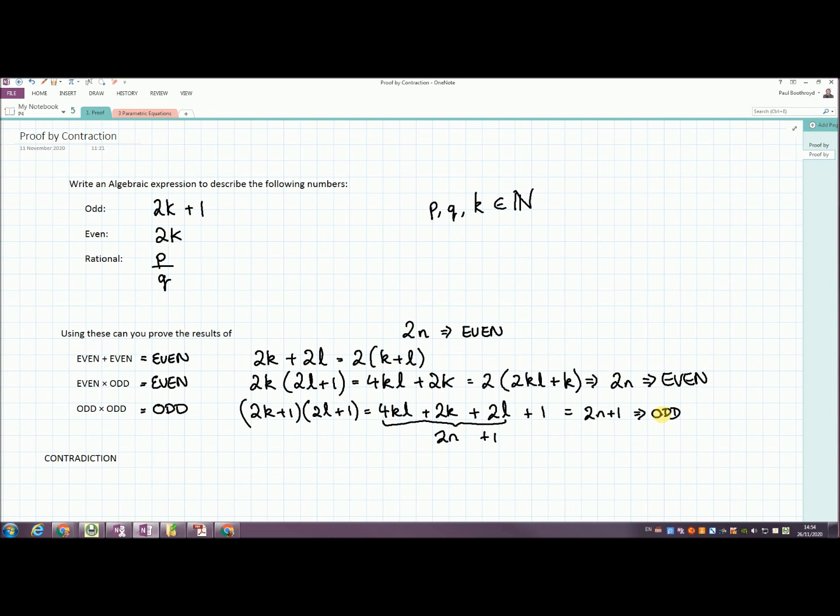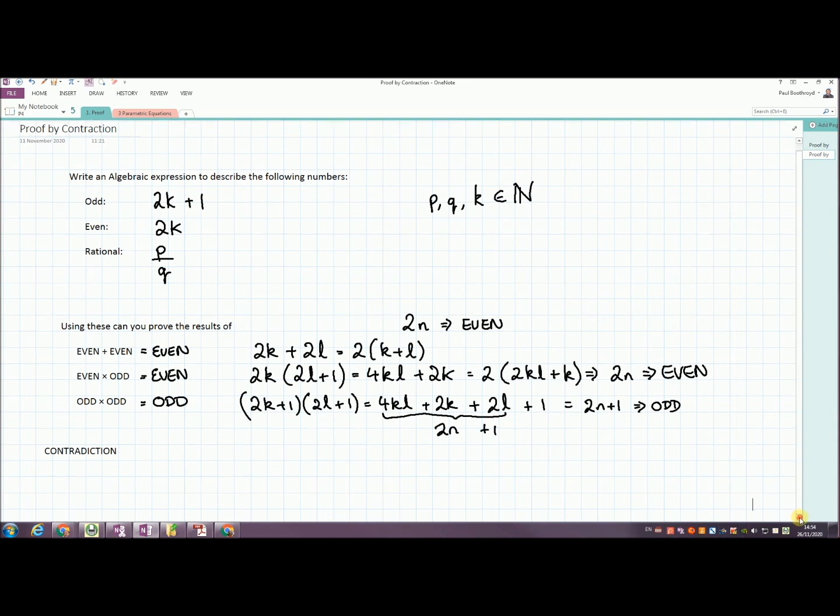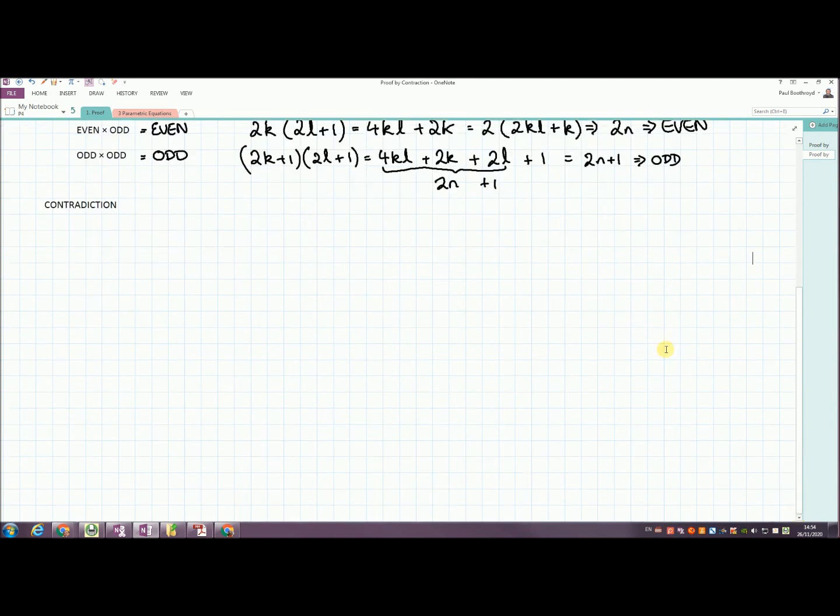Now, this is the crux, is that they actually talk about doing proof by contradiction. Now, contra means opposite or opposing. So we're going to make the opposing statements, is the point.